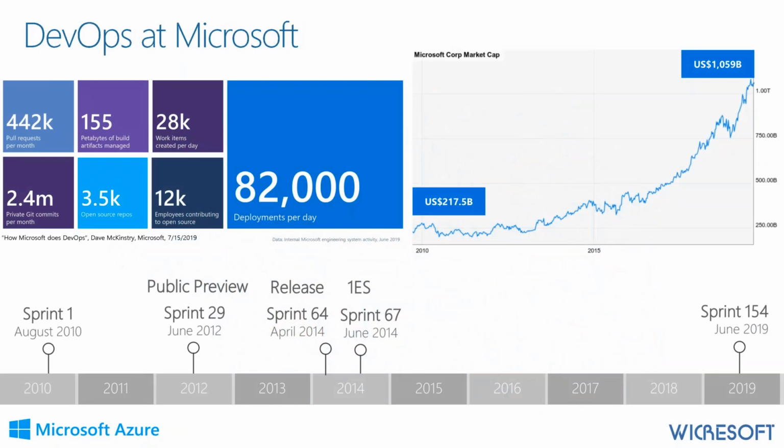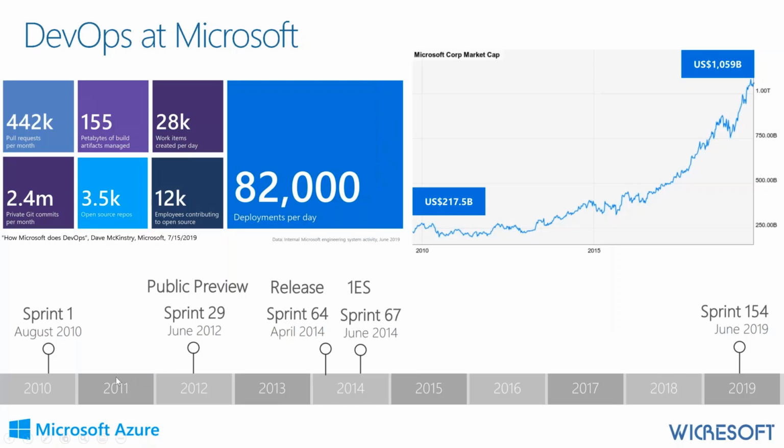As a case study, everybody knows Microsoft and the growth that the organization has had since Satya Nadella took over. Part of that is the commitment top down to DevOps, which is a core part of the Scrum-Agile framework. I have some interesting statistics here, directly from Microsoft.